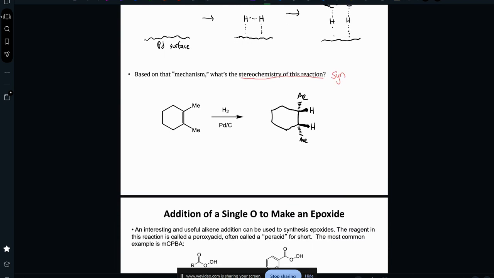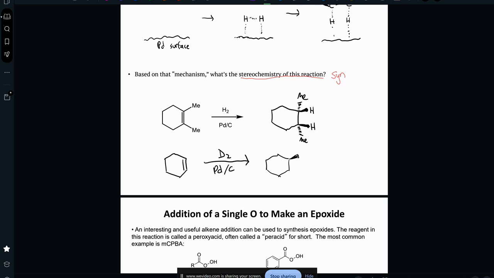You could also use this with deuterium. So for instance, if I had just this cyclic alkene and I were to add D2 with my metal catalyst, remember D is just short for heavy hydrogen. So that behaves like hydrogen in all ways, except it's sort of marked. We can tell it apart from hydrogen.